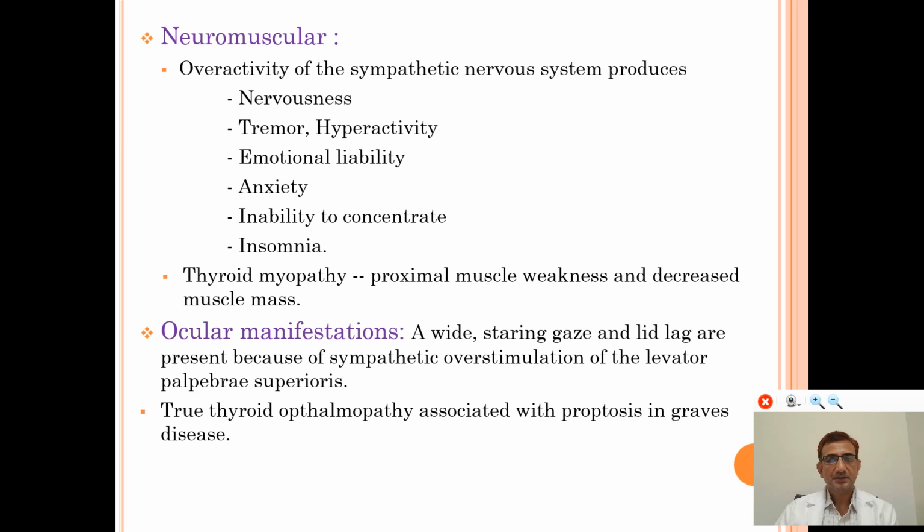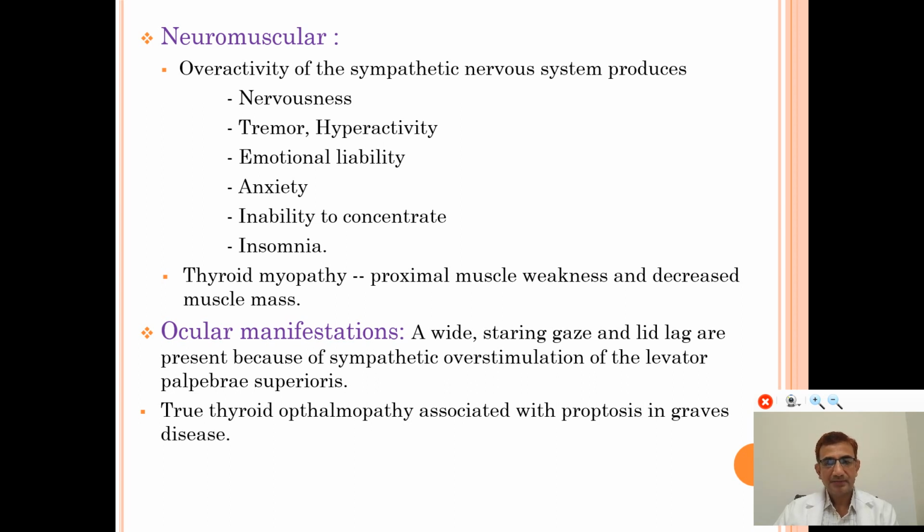Neuromuscular: overactivity of the sympathetic nervous system produces nervousness, tremors, hyperactivity, emotional lability, anxiety, inability to concentrate, and insomnia. Thyroid myopathy includes proximal muscle weakness and decreased muscle mass.